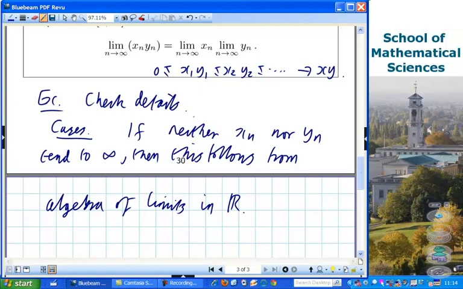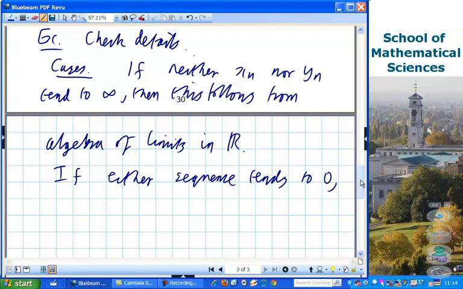But there is one more special case. If either of the sequences tends to 0, then it actually has to be constantly 0 because they're non-negative numbers. If either sequence tends to 0, then because it's non-decreasing and it's non-negative, it must actually be the constant sequence 0.